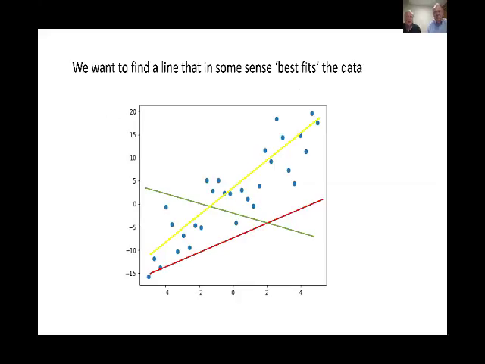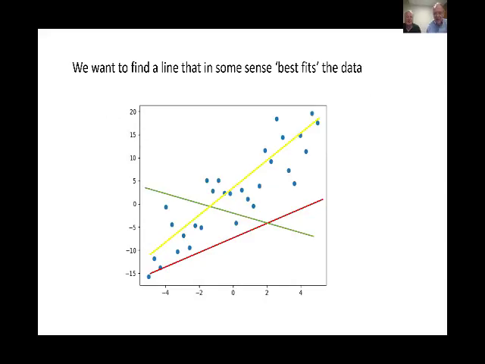So here are some lines on these points, and we would probably agree that the yellow line is the one that, in some sense, fits these points the best. The red and the green line, well, maybe they don't seem to fit so well.